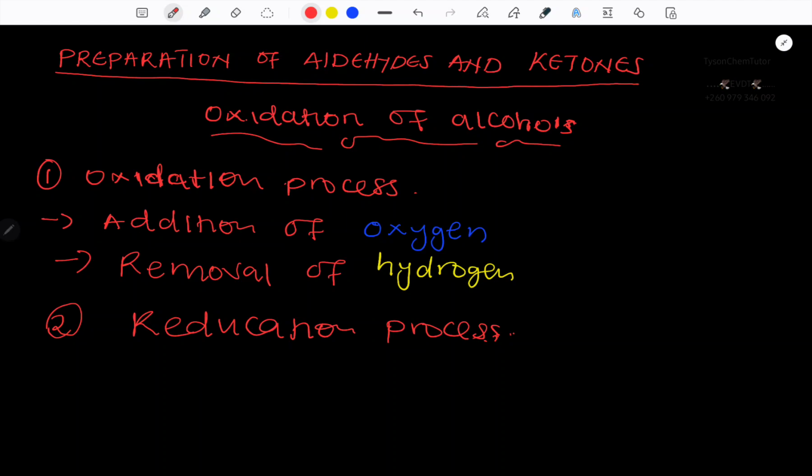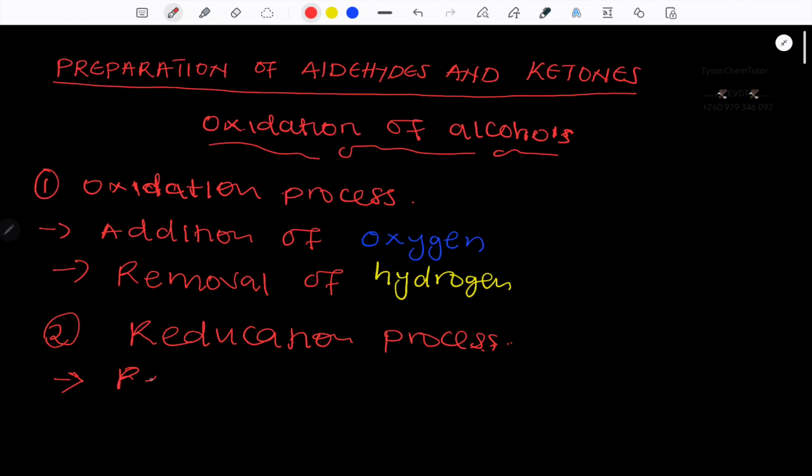On reduction we're going to say the removal of oxygen.